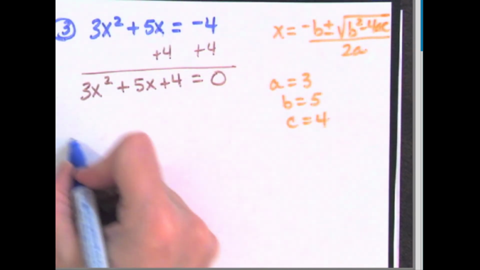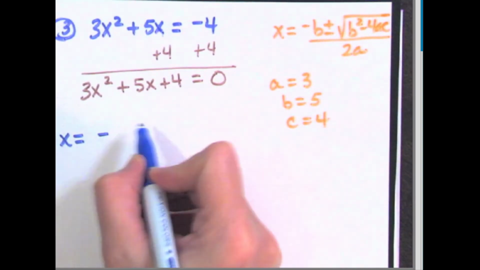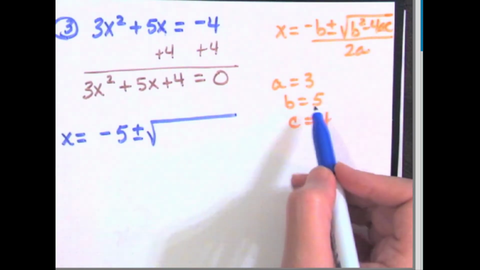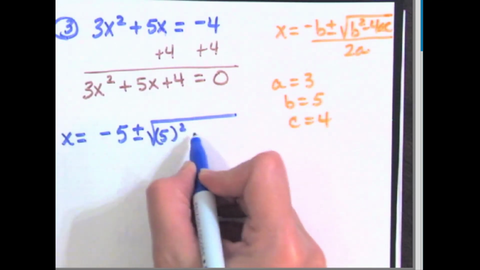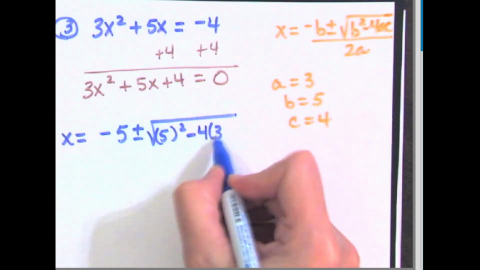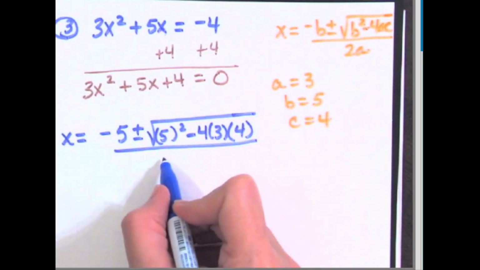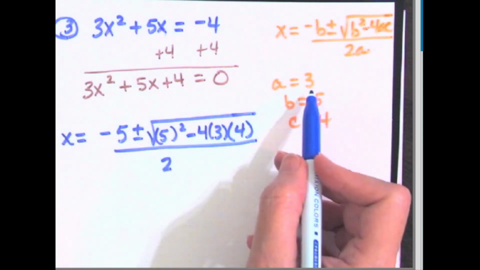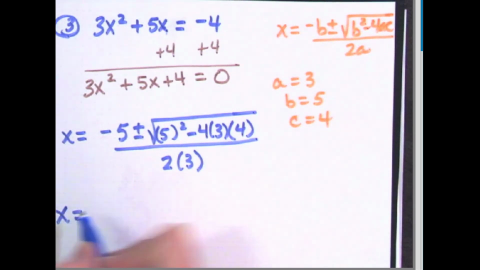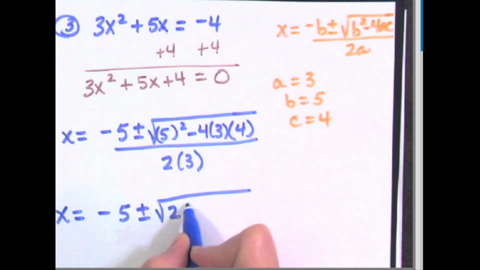So X equals the opposite of B, which is negative 5, plus or minus the square root of B squared, minus 4 times AC. So A is 3, C is 4, all over 2 times A, which in our case is 3. Okay, so that would be negative 5 plus or minus 5 squared is 25.